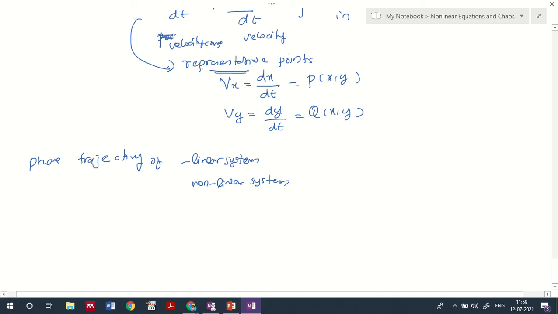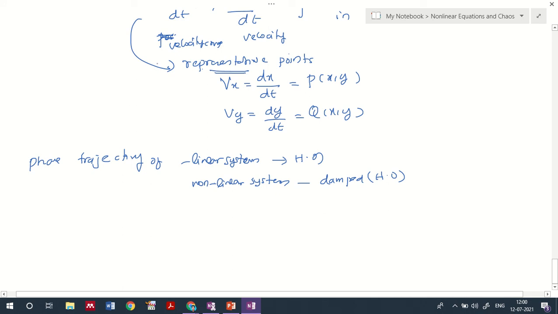For a linear system we'll consider a harmonic oscillator, and for the non-linear discussion we'll consider a damped harmonic oscillator. By taking those two examples, you can find out different examples of the singular point and the phase trajectory and the corresponding representation.